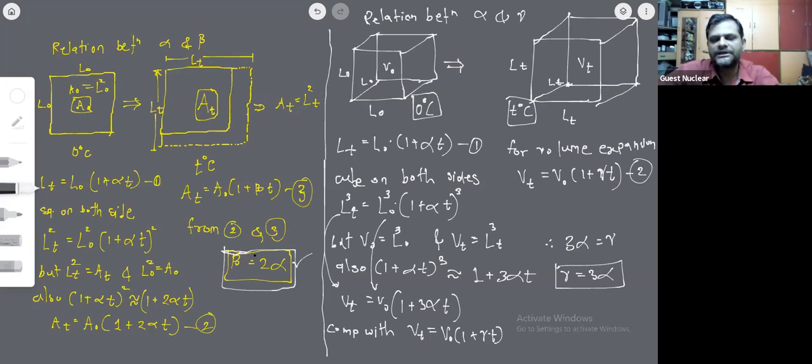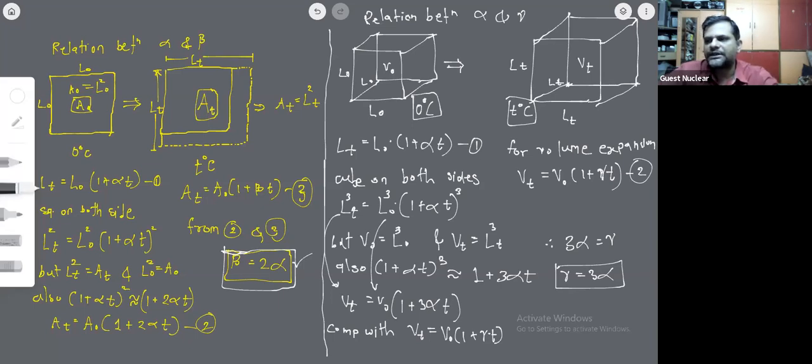That means beta is precisely double of alpha, and gamma is actually triple of alpha. So these are the relationships between these quantities, that is alpha, beta and gamma.